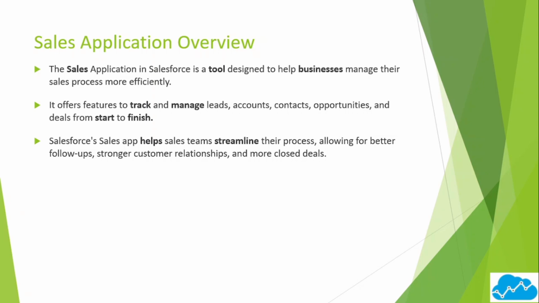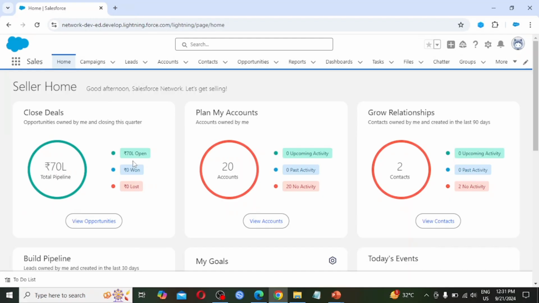So let's see the sales application. Any application has a logo, the application name, then the home tab or landing tab, where by default a user is logged in and where all the information about that application is displayed.